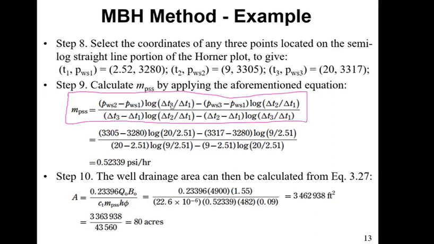So using this formula entails picking 3 points along the straight line portion of the Horner plot. So I picked 3 points on the Horner plot. For each point, you get the corresponding time and pressure.